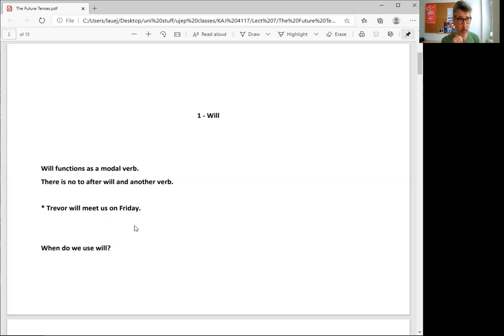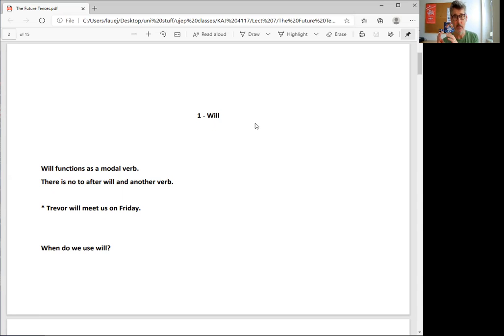So for example, there is no to after will and another verb. So we have just will go, will eat, will buy. And it doesn't matter if it's first person, second person or third person, will doesn't change. It always stays the same.